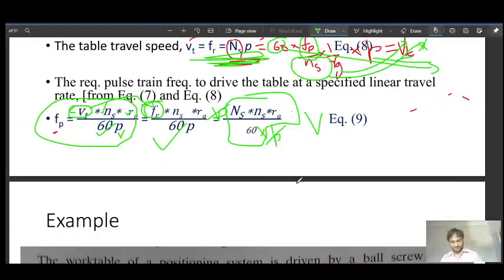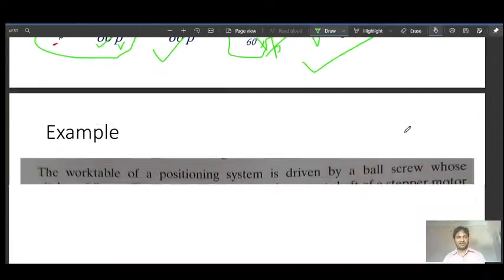So remember this equation. I hope you have got a fair idea.